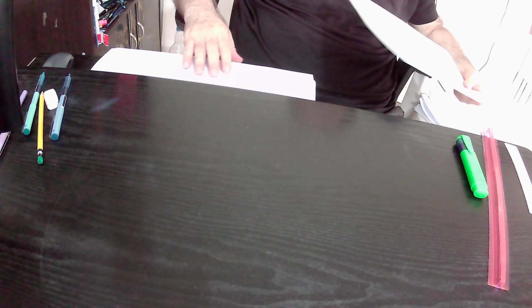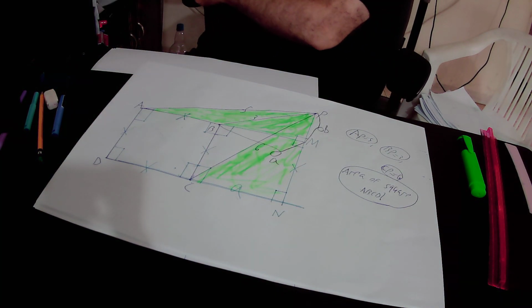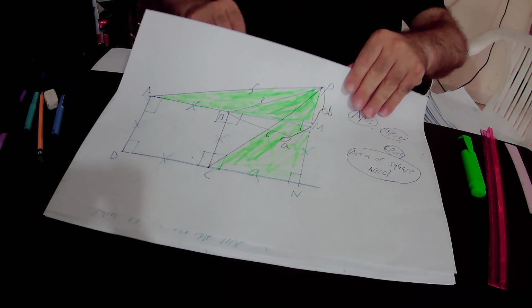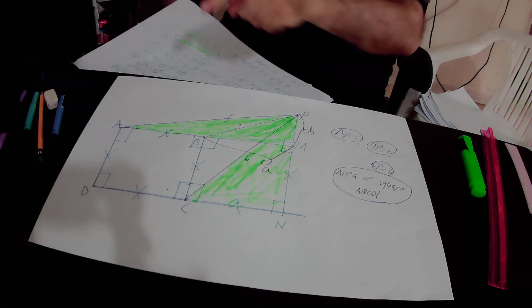We start with the first question, of course. In the drawing, we have square ABCD.